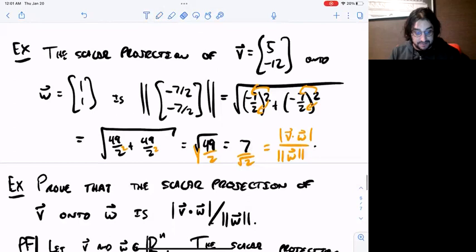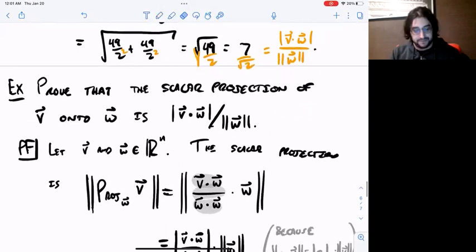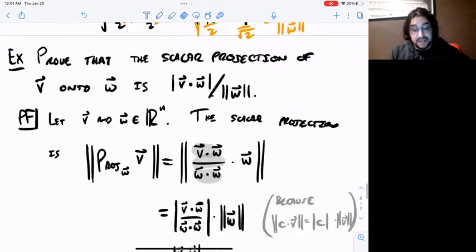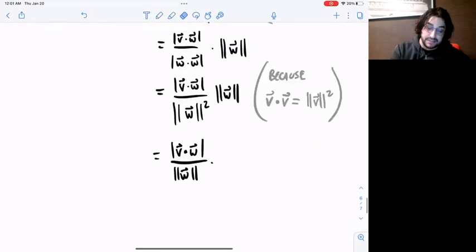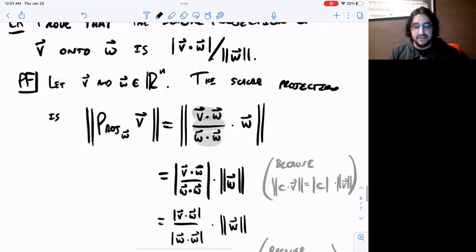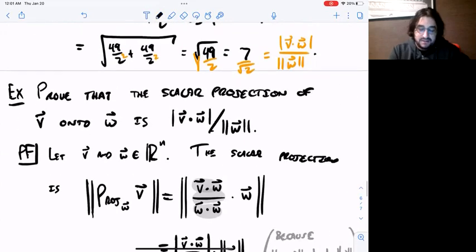So at the end of the day, what have we proven? We've proven that the scalar projection of v onto w is v dot w over the magnitude of w, right? And we can put our little box, our end of proof, down here. What's nice about this is that in the case where w happens to be a unit vector, then the dot product is just telling you the scalar projection, right?